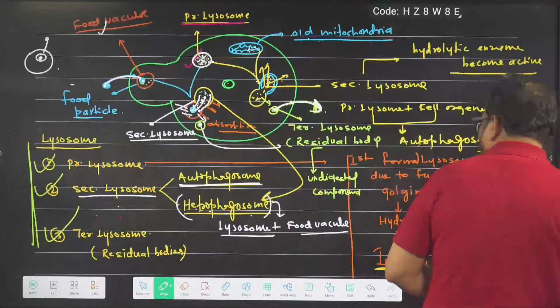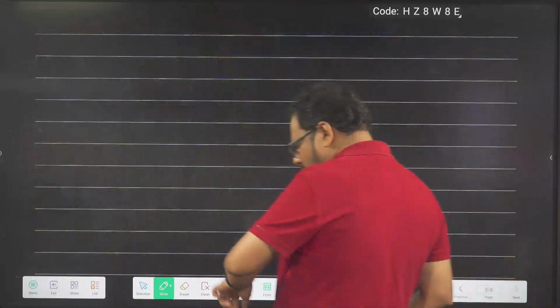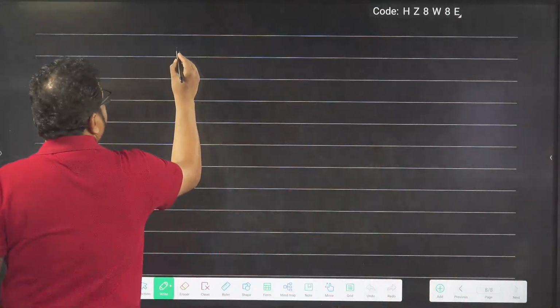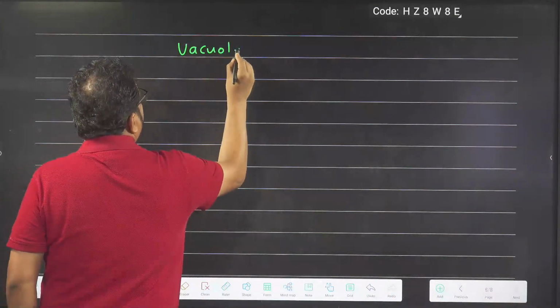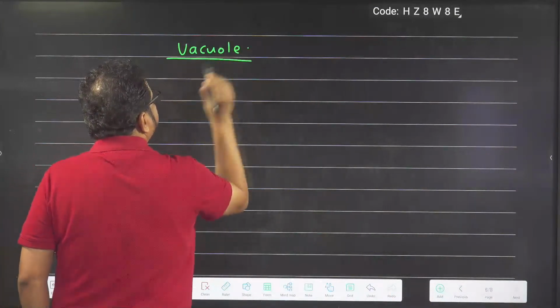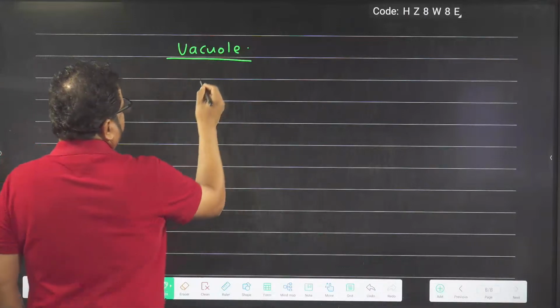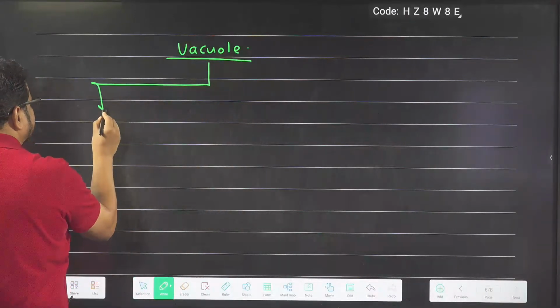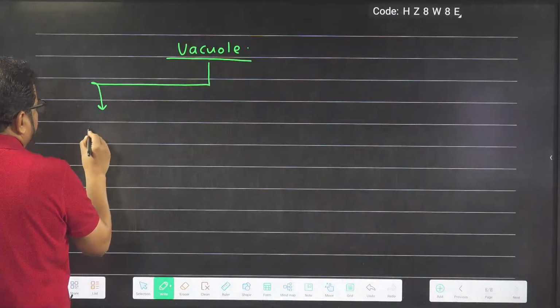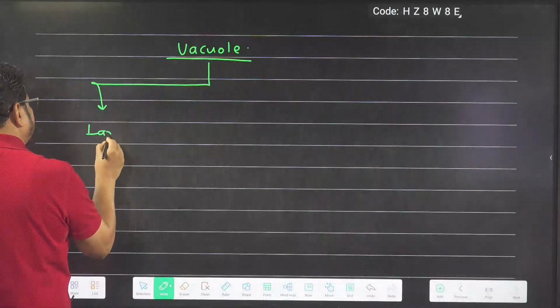So lysosome over. Now we are coming to the next cell organelle, and that is vacuole. We are going to talk about three types of vacuole. One vacuole is large central vacuole.